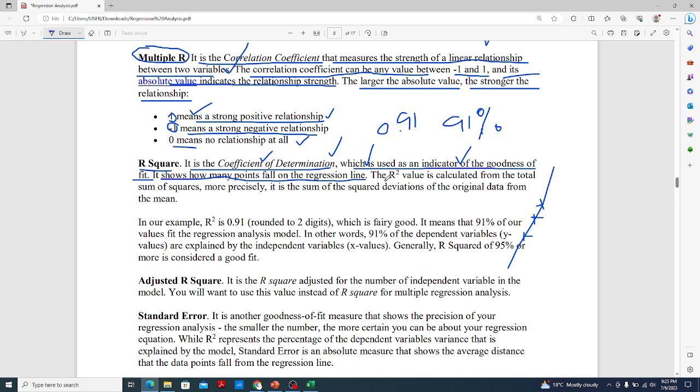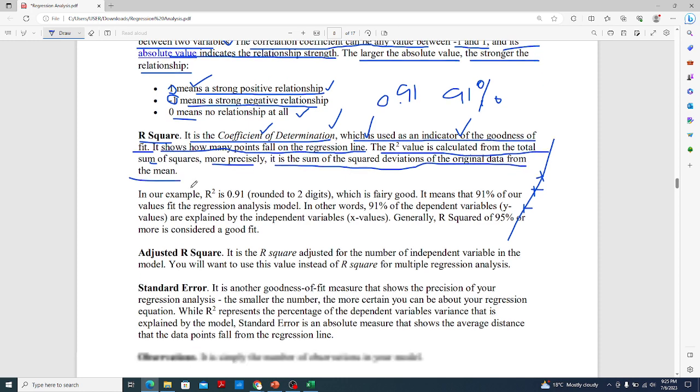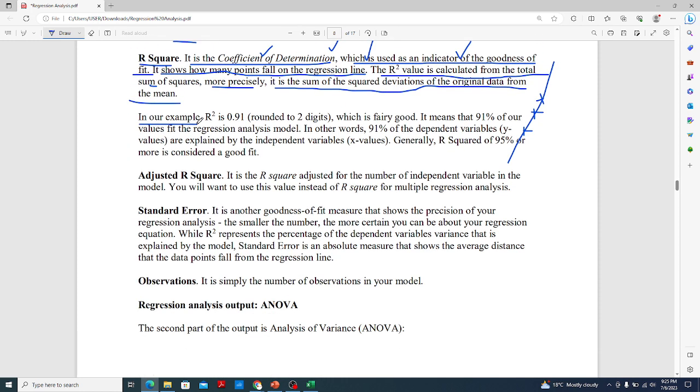The R squared value is calculated from the total sum of squares, more precisely the sum of squared deviations of the original data from the mean. In our example we got an R squared of 0.91, which shows it is a fairly good model.